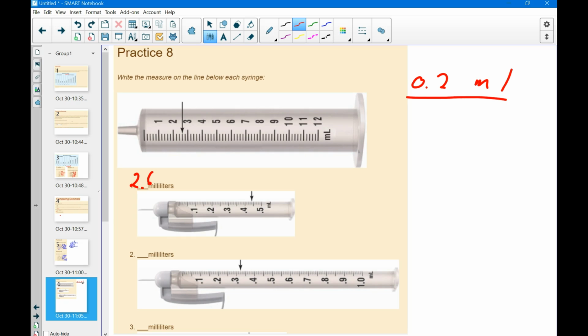The next one, notice the difference in size. The next one is a 0.5 mil syringe. So inside here, you'll notice that there's 10 dashes to go from 0.4 to 0.5. What are each one of those dashes worth?